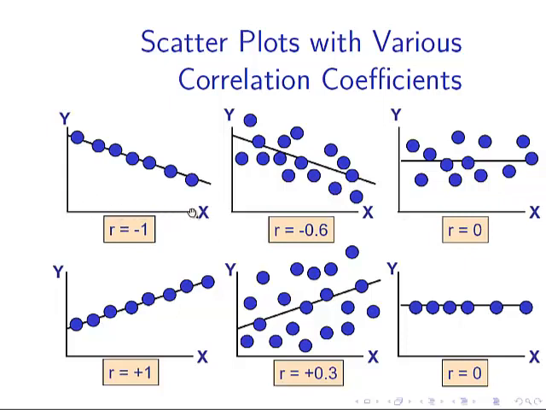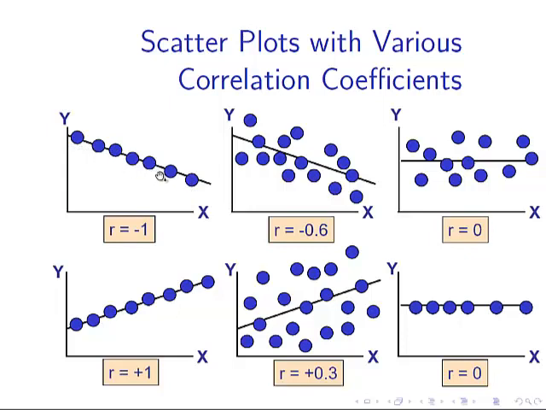Suppose that you put the x variables on the horizontal axis and the y variables on the vertical axis. Suppose that this is the first point. For this point you have two values, x1, y1, then x2, y2, x3, y3, and so on.